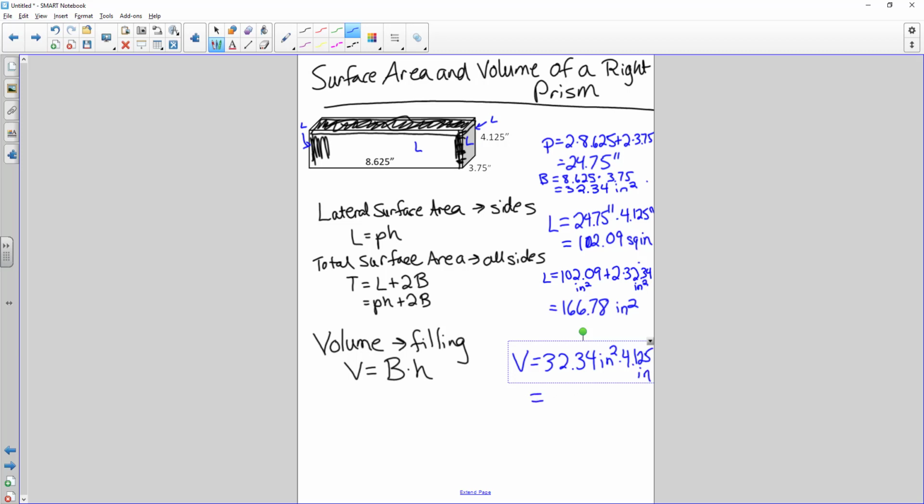So 32.34 times 4.125, I'm getting 133.4. Inches squared times inches is going to be inches cubed. Whenever it's volume, we're always going to end up with cubic inches.